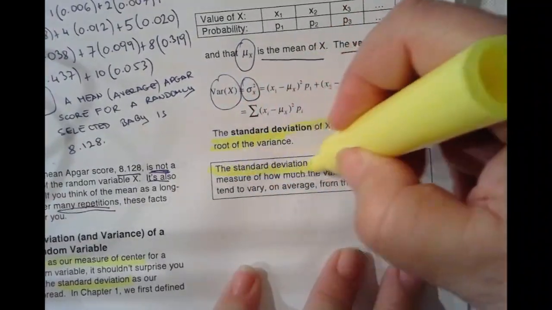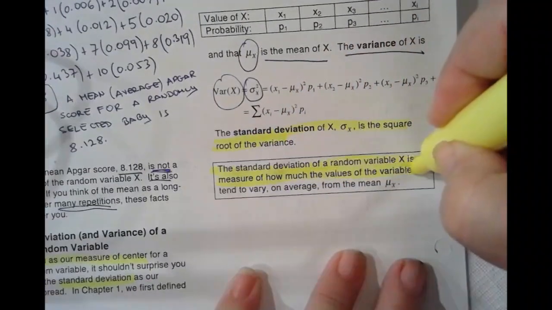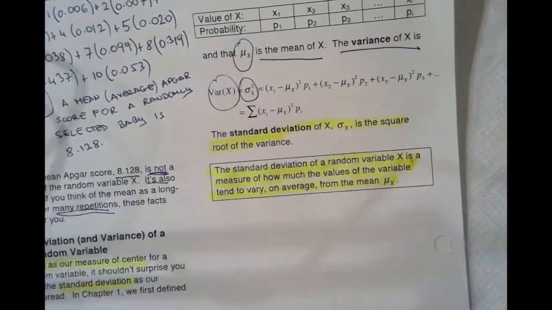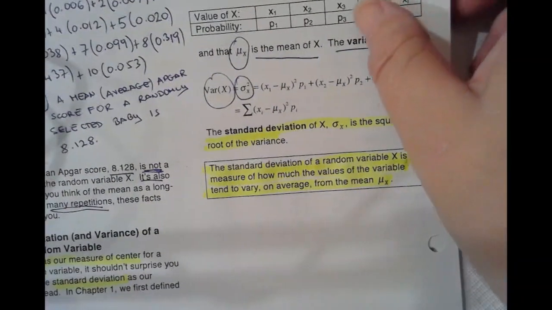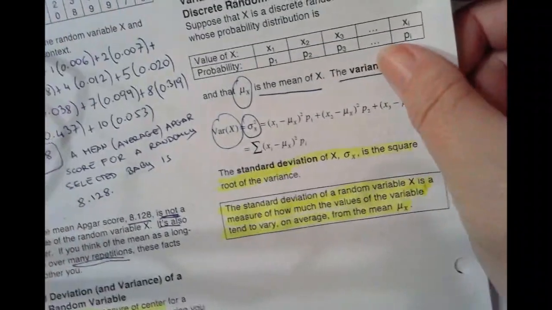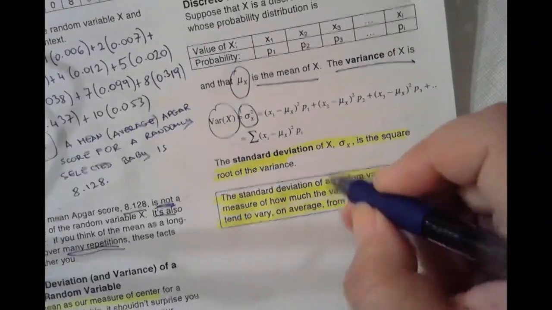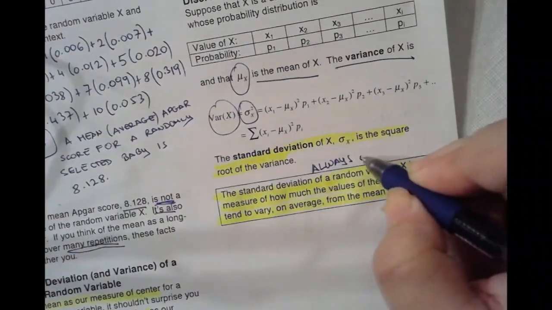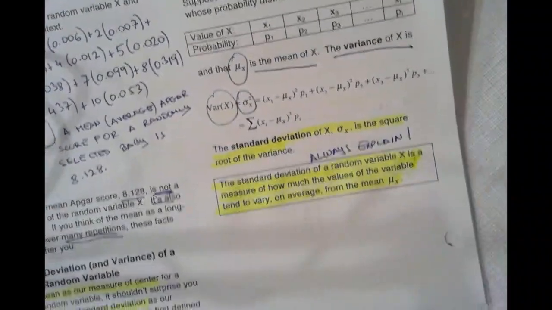So the standard deviation of a random variable x is a measure of how much the values of the variable tend to vary on average from the mean. The definition has not changed. It's the same as what we have been using. This is what you have to always explain in an answer. Always, always, always. You need to define that.